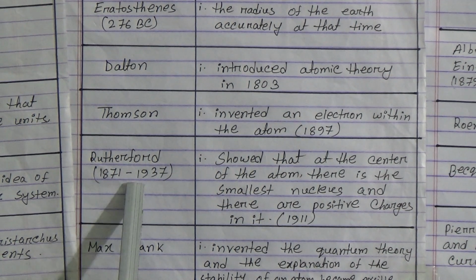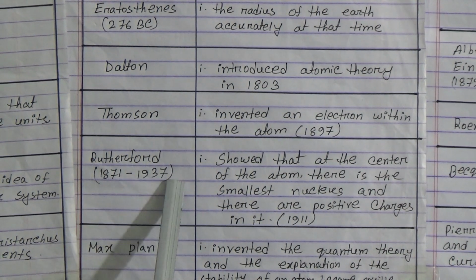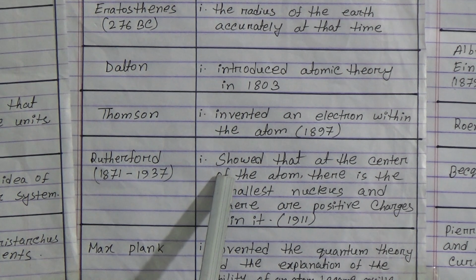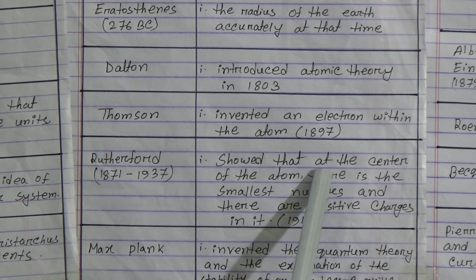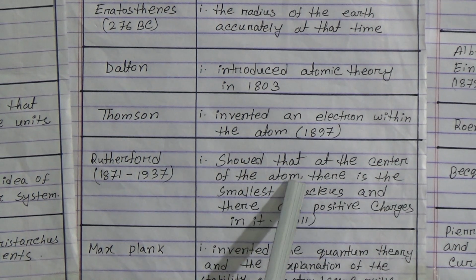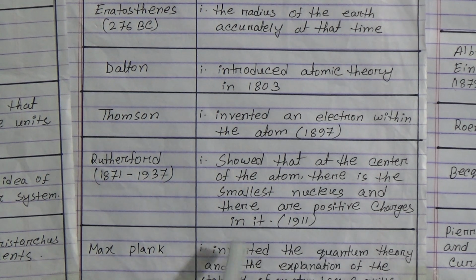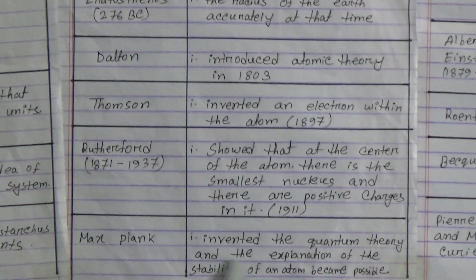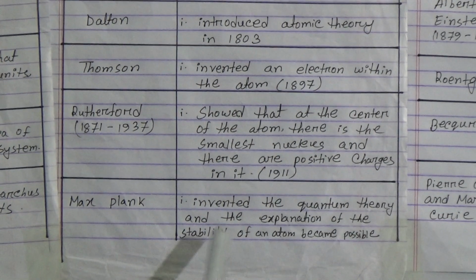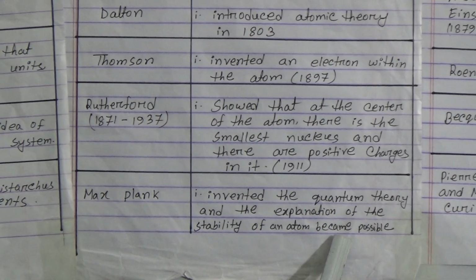Rutherford, 1871 to 1937. His invention is he showed that at the center of the atom there is the smallest nucleus and there are positive charges in it, 1911. Max Planck, his invention is the quantum theory, and the explanation of the stability of an atom became possible.